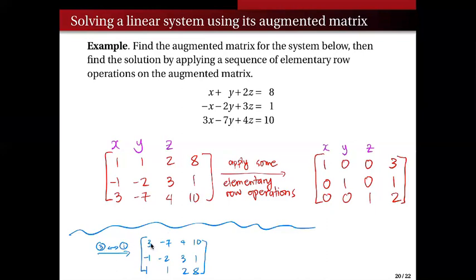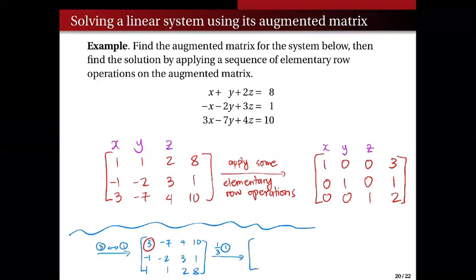Step 2, we interchange. Step 3, because this entry here is not equal to 1, we multiply this row by the reciprocal of this entry. That means we multiply the first row by 1/3, the reciprocal of this entry, to introduce the leading one.